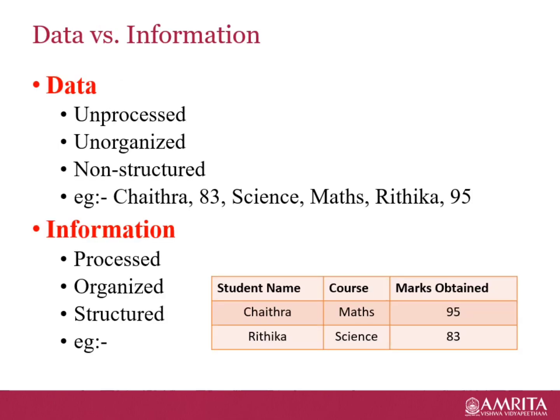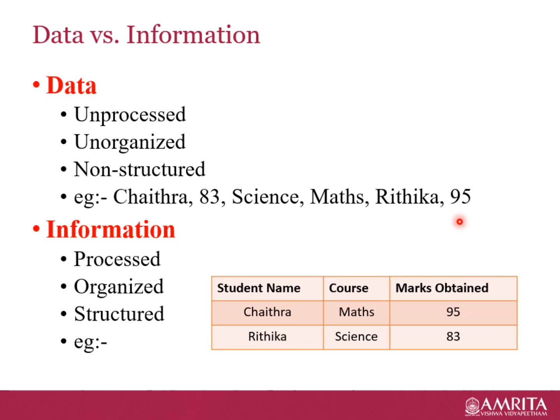Now we can check the relationship between data and information. I already mentioned that data is unprocessed raw facts, isn't it? But if you organize it, process it or structure it, then it becomes information. Just look at this example: Chaitra, 83, Science, Maths, Ritika, 95.